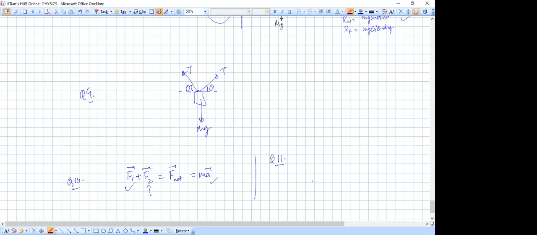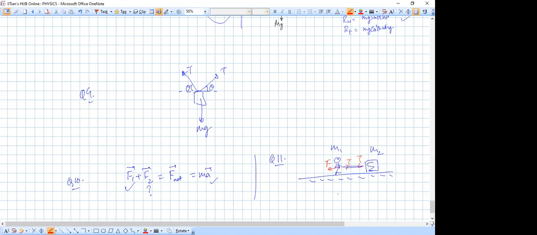So the ice surface is very smooth. On that, there is a person of mass m1, let's say, tied to a rope, a block m2. Whatever force the person applies on the rope becomes the tension in the rope, and that acts on the block.